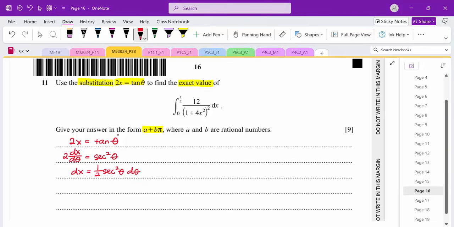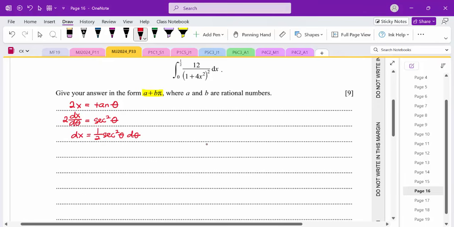After you have this, we also need to change the limit for the integration, where all the limits here are for the value of x. So change the limit: when x equals to 0, what happened to your theta? Your theta will be tangent inverse of 2x, so you move the tangent over. 2 multiplied with x, you get a 0.